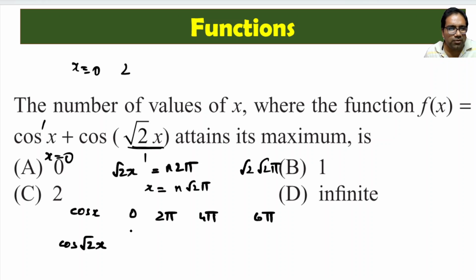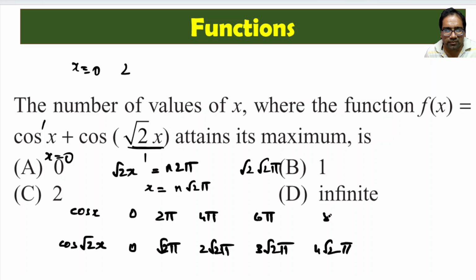What does that mean? Cos √2x is maximum when x is, firstly, 0, then secondly √2π, then 2√2π, 3√2π, 4√2π, likewise. So cos x is maximum when x is a multiple of 2π: 1 times 2π, 2 times 2π, 3 times 2π, 4 times 2π, like this.